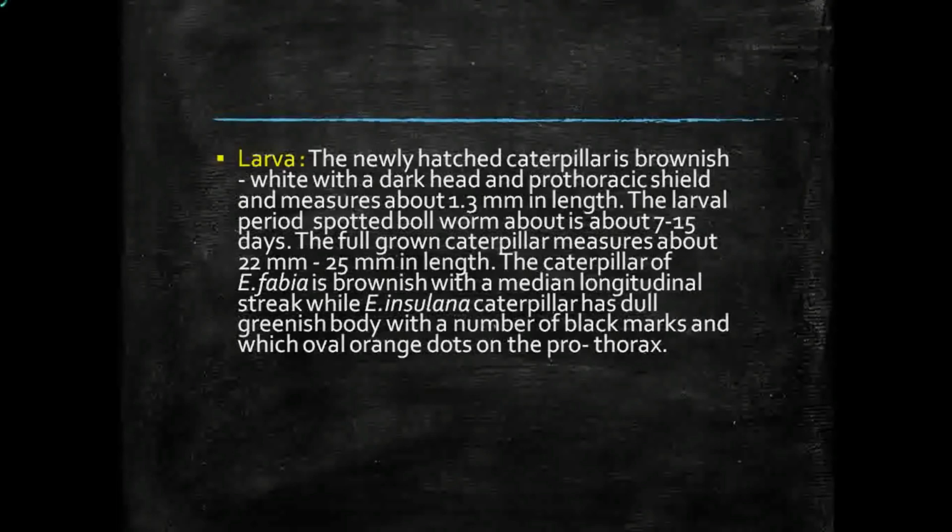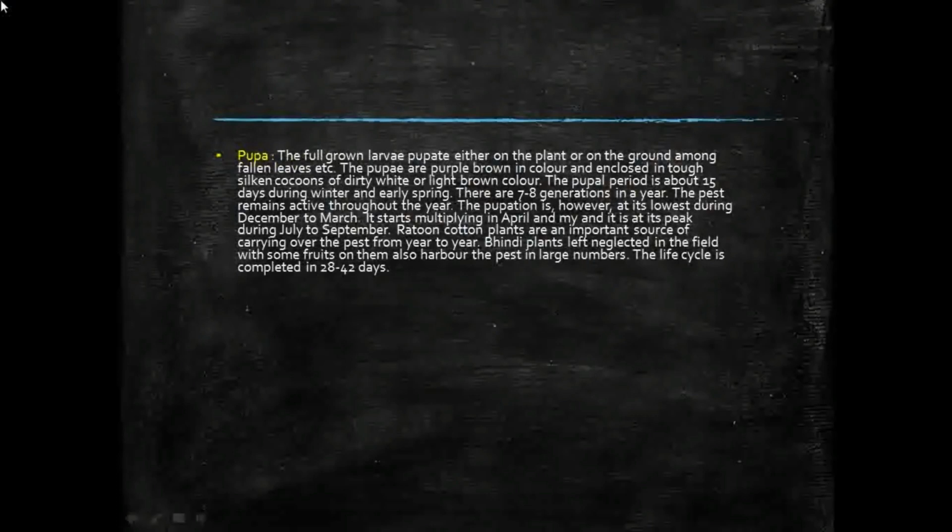The pupal stage: the full grown larva pupates either on the plant or on the ground among fallen leaves. The pupae are purple brown in color and enclosed in tough silken cocoons of dirty white or light brown color.